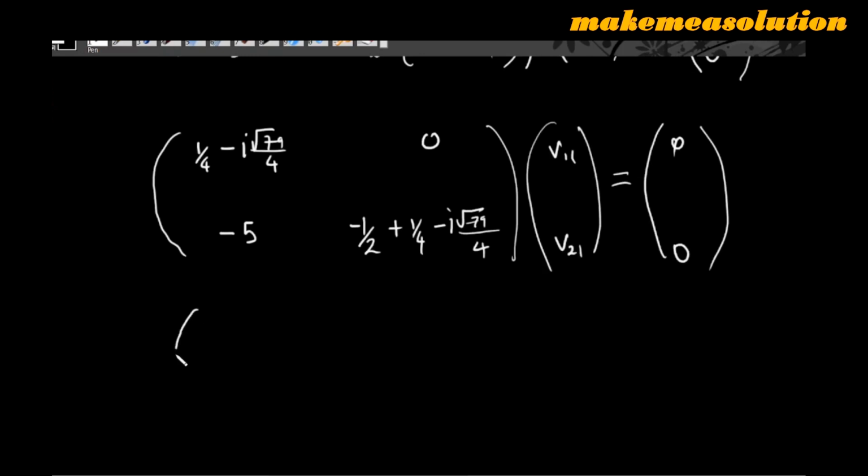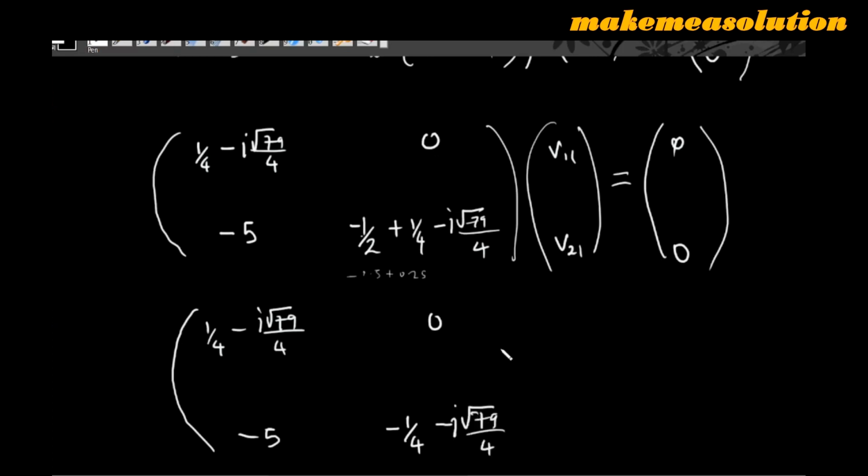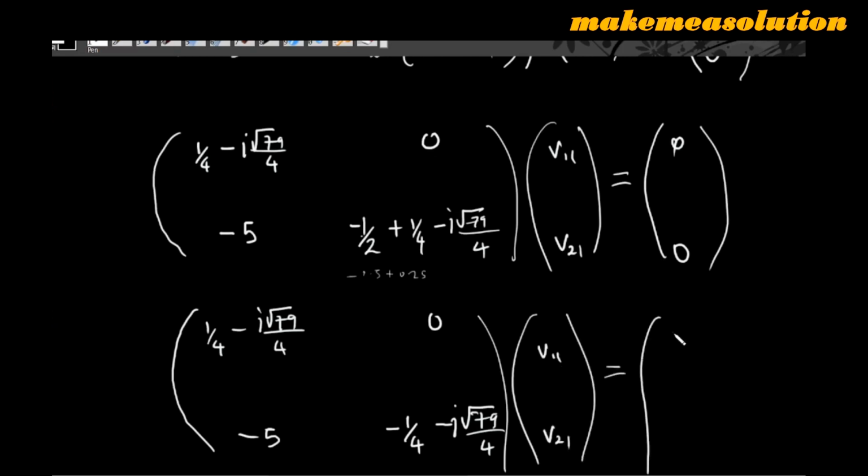Minus 1 over 2 plus 1 over 4 is just like saying minus 0.5 plus 0.25. Minus 50 plus 25 gives minus 25, which is still minus 1 over 4. So this gives you minus 1 over 4 minus i root 79 over 4.